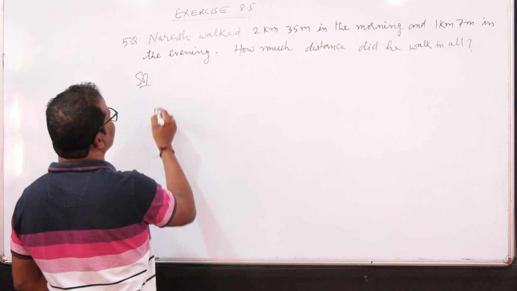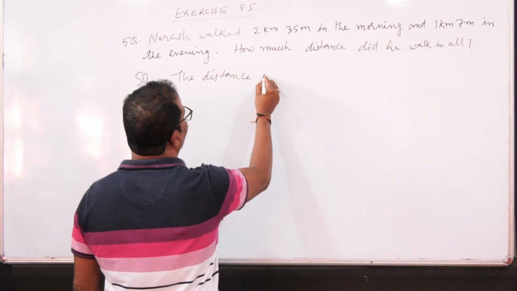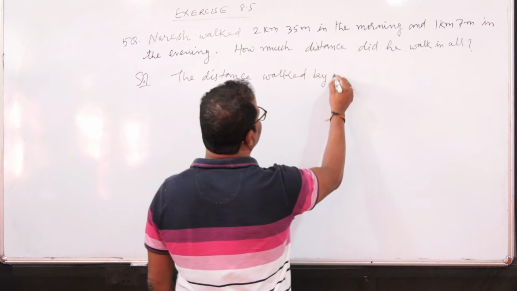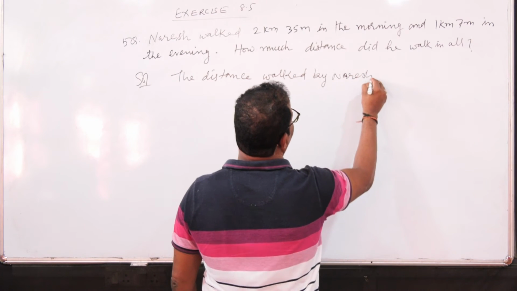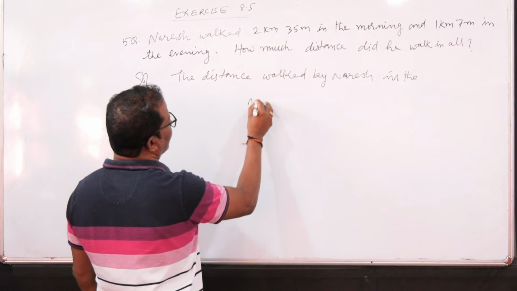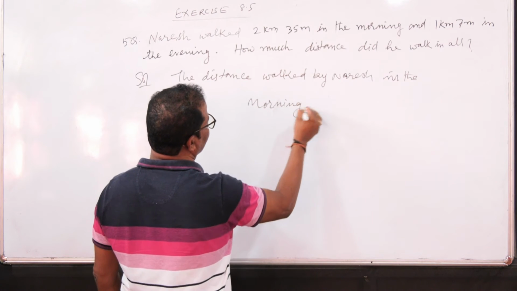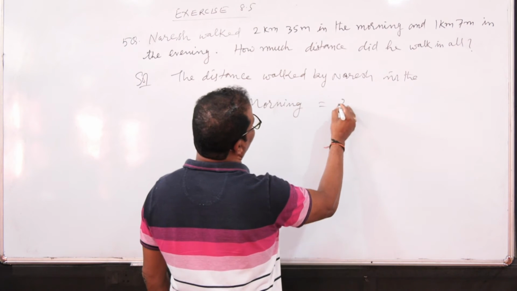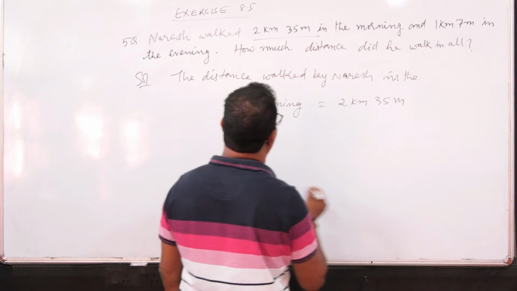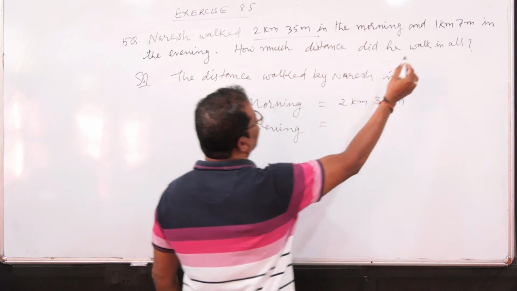So solution, how to write the steps? The distance walked by Naresh in the morning, how much distance? That is 2 km and 35 meter. And in the evening, how much distance?